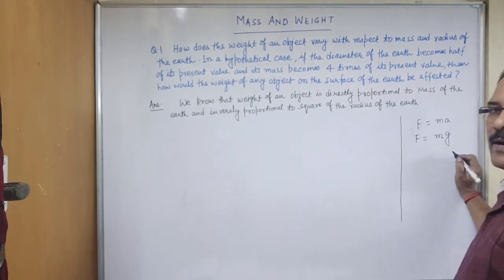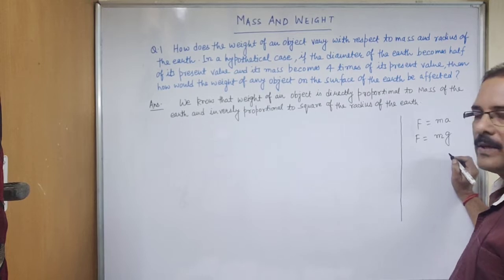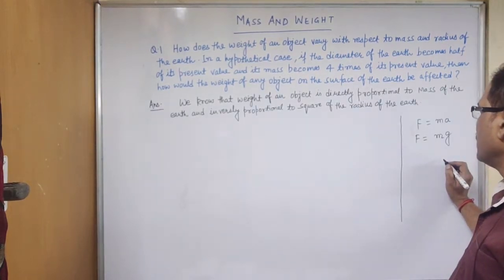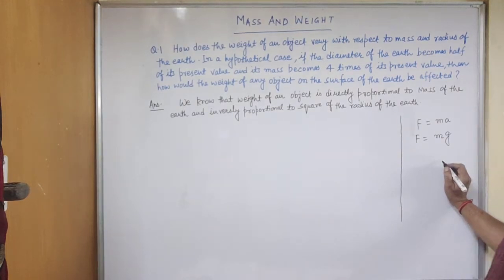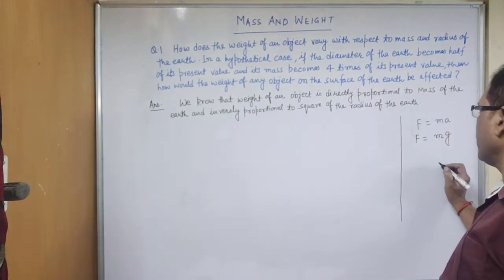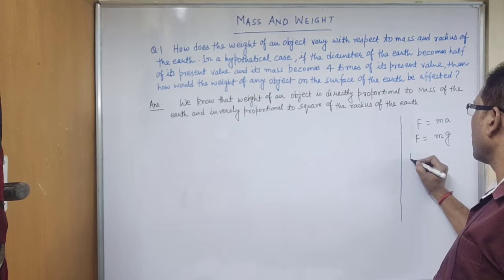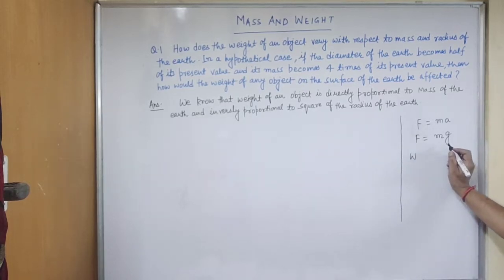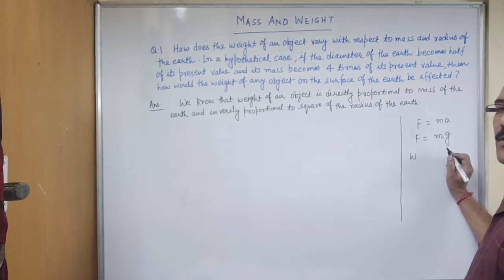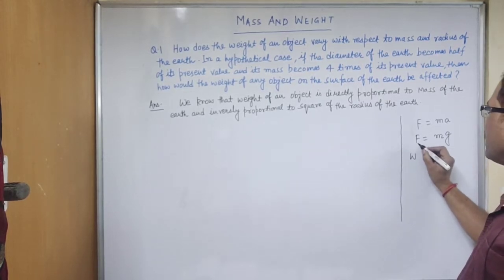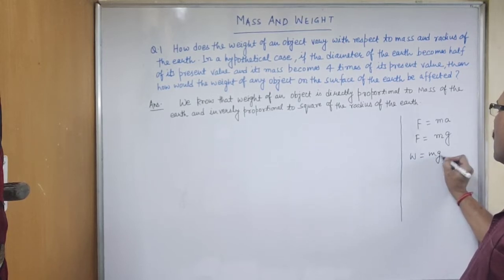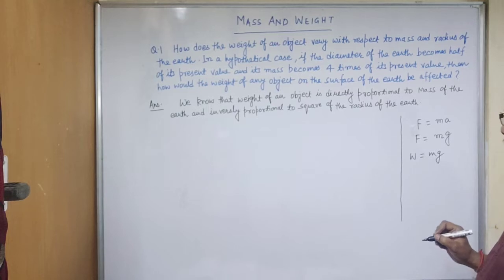Now when we are defining weight, we are saying that weight is a force by which earth attracts an object towards its center. So this force is exerted by the earth on a freely falling object towards its center. That is, this force is equal to weight of the object, isn't it?